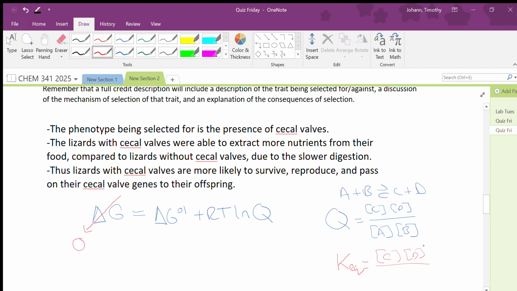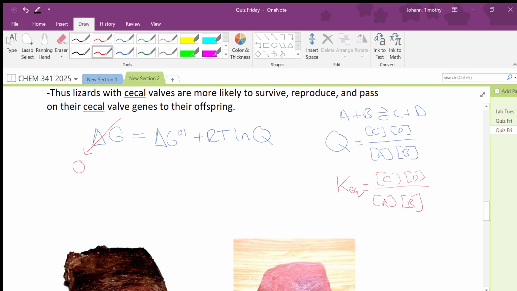So KEQ, it's the concentrations of everything, but at equilibrium, they're equal to the equilibrium constant, which doesn't mean that they are all equal or there's only one possible set of values there, right?